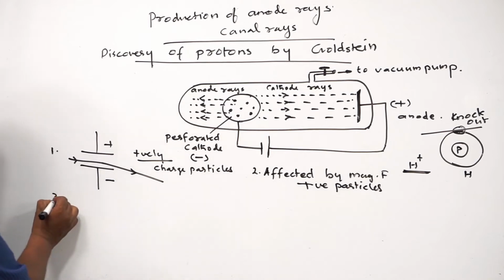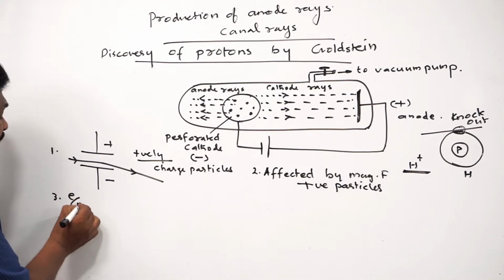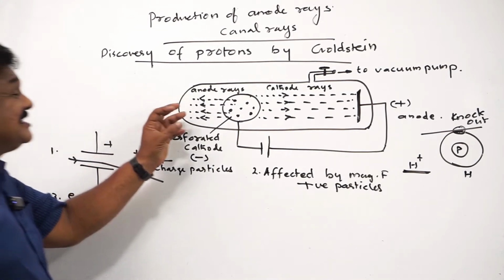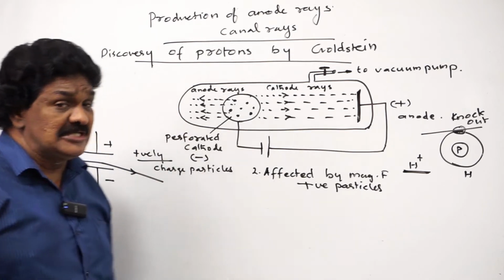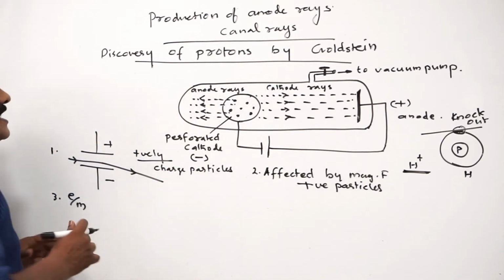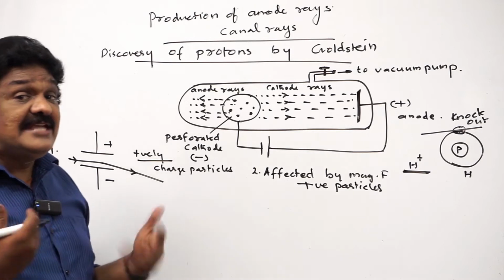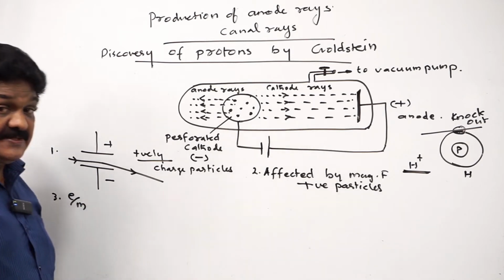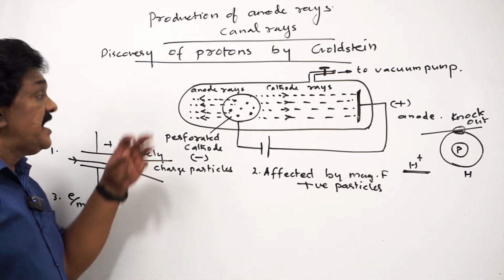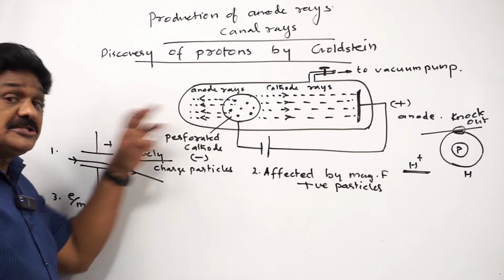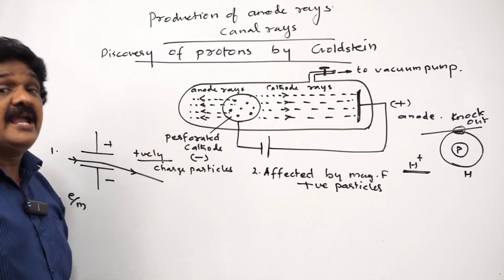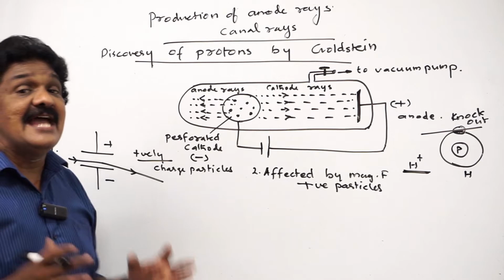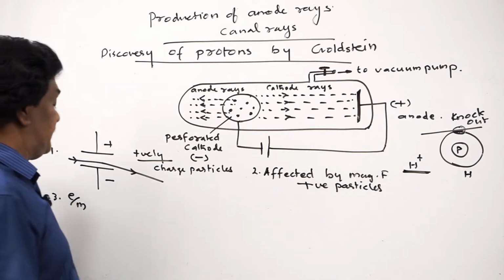Third point, the e/m value of the particles present in anode rays, that is the positive ions present in anode rays, changes with the change in nature of the gas used. That is, the e/m value of the positive particles present in the anode ray depends on the nature of the gas used.